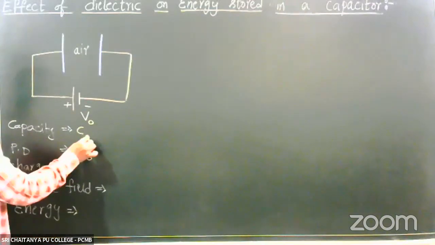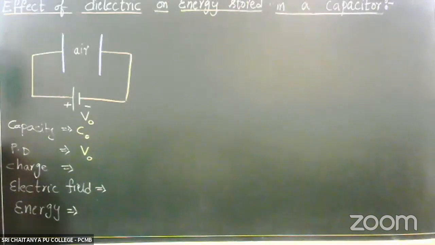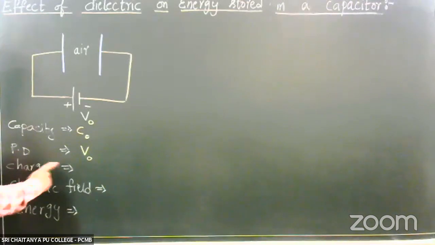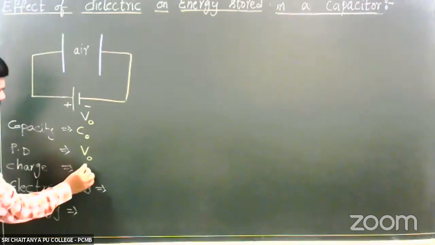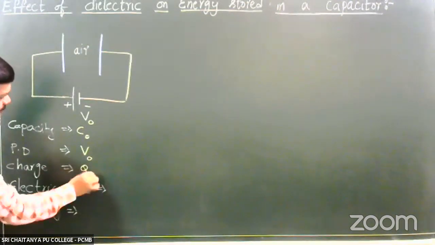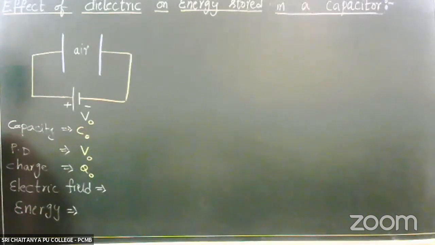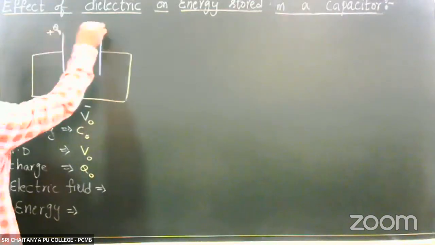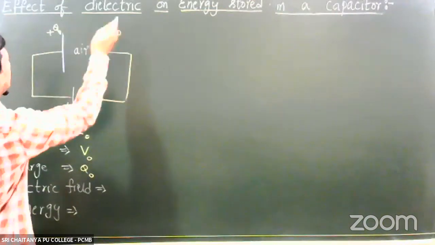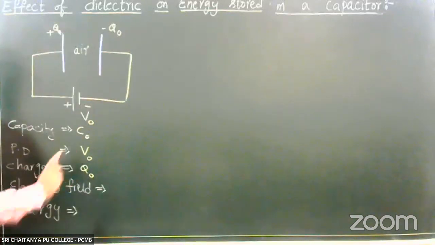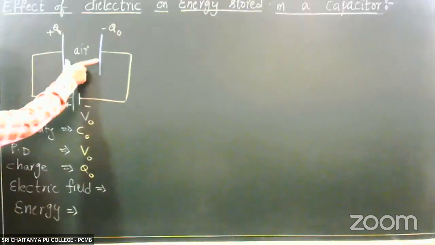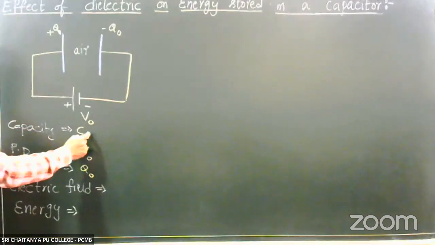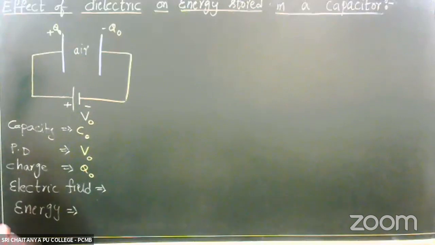Charge on the plates is Q0. On this there is plus Q0 charge, on this there is minus Q0 charge. Potential difference between the plates is V0. Capacity of this capacitor is C0 with air between the plates.